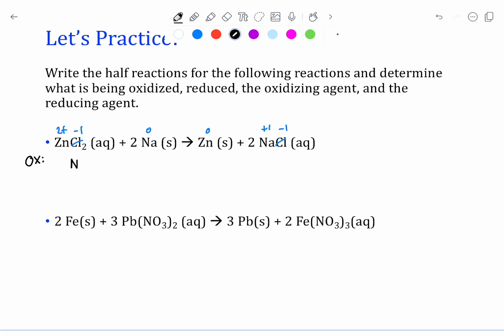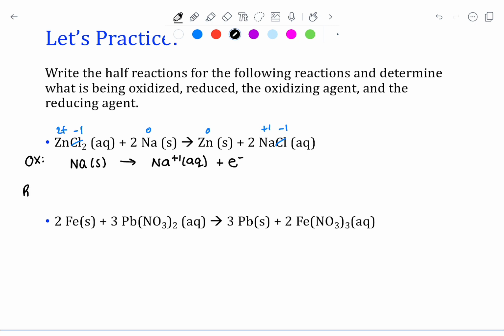So we went from sodium solid, and that turned into sodium +1. In order to have charge balance, I need to put an extra electron on this side. The +1 and the -1 will balance out. Also, because this is an oxidation half reaction, our electron is going to be on our product side, in order to have charge balance.